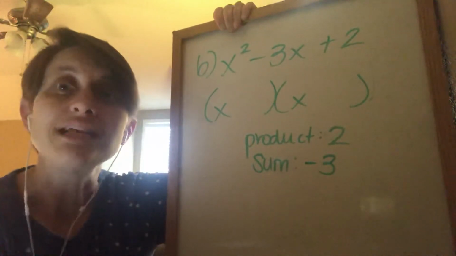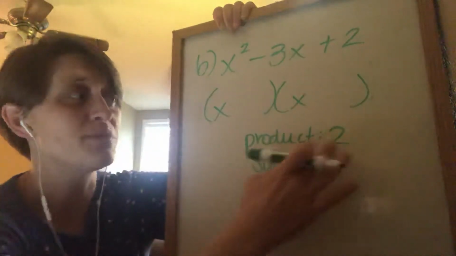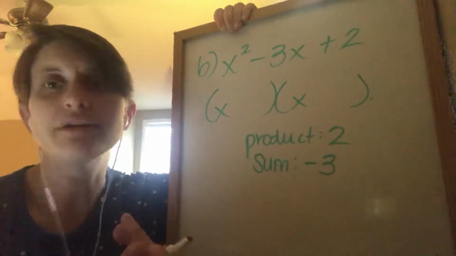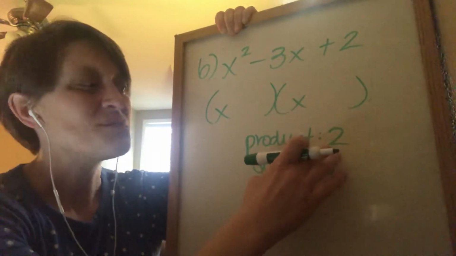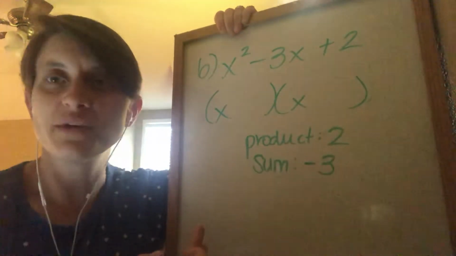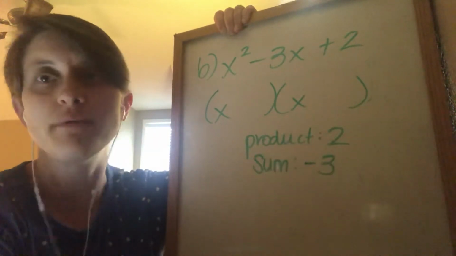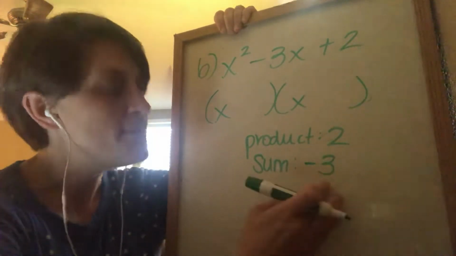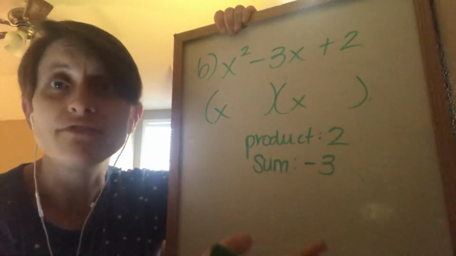Again, let's use a little bit of logic to take down the number of factors we have to consider. Since the product is positive, the two factors have the same sign. They're either both positive or both negative. That's the only way we can get a positive product. But since the sum is negative, they both have to be negative.